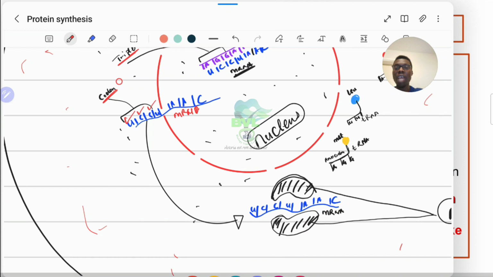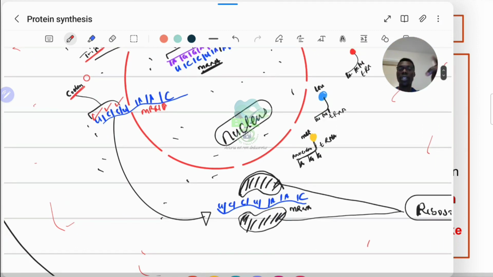So this mRNA has left the nucleus, going to where? The ribosome. Now, the ribosome, of course, there's a lot I'm not saying because it's not A level. Please bear this in mind. In case you come across this and you're an A level student, we're going to make a video on this later, for your own level.